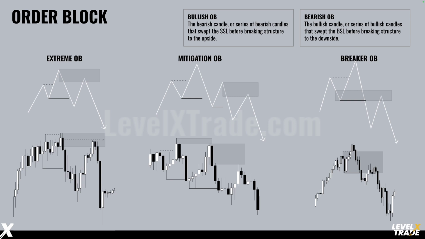Okay, but let me explain first what the breaker order block is. You have this move down and then this one up. Now when it went up, it broke structure. Now this last move right here is the one that you pick, which is your breaker block.